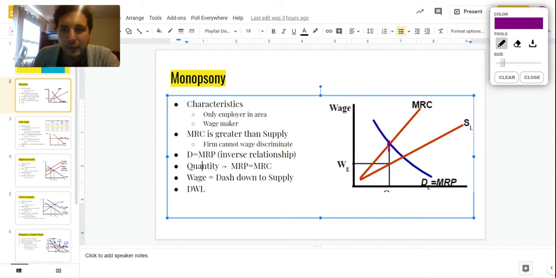We're here and they're going to dash down until we hit the supply curve. And that's going to give us the wage that we're going to pay. We're going to pay a lower wage because according to the supply curve at this quantity, people are willing to work for a lower wage. And so I'm going to pay them that lower wage. Notice I currently am producing a very low quantity and paying a very low wage. This is bad, bad, bad, bad for our workers.